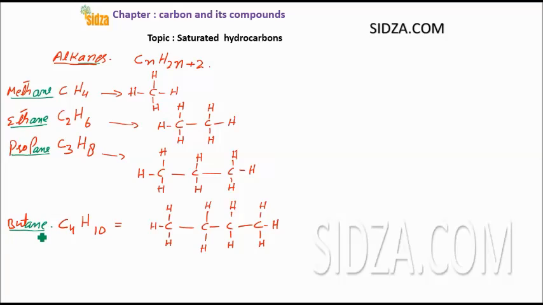Butane. For the C5 compound, hydrogen atoms will be C5H12, right? 5 into 2 is 10 plus 2, so it is 12. C5H12, and C6H14, C7H16, right?